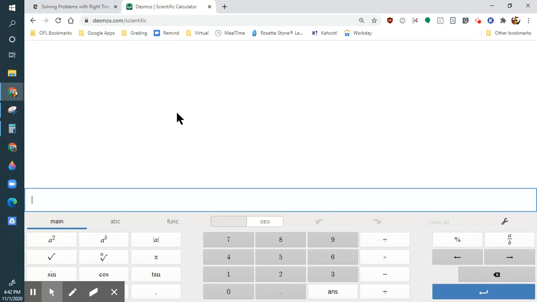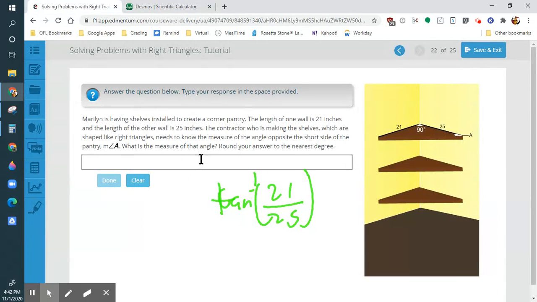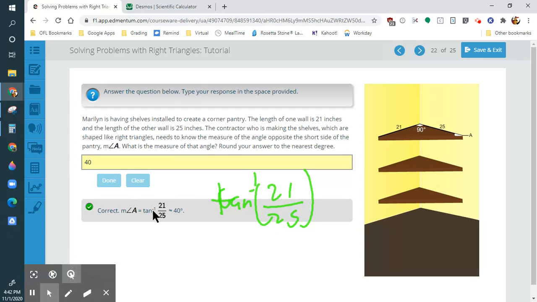Okay, so we need tangent inverse of 21 over 25. And I get about 40. Does it say round to the nearest degree? Yep. So I'm going to say 40. Perfect. And then you see the work right there.